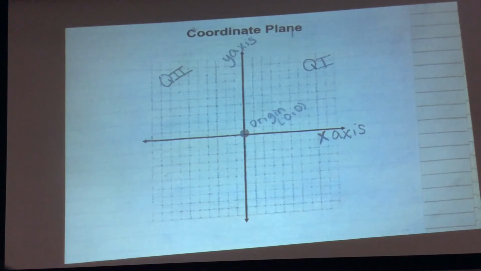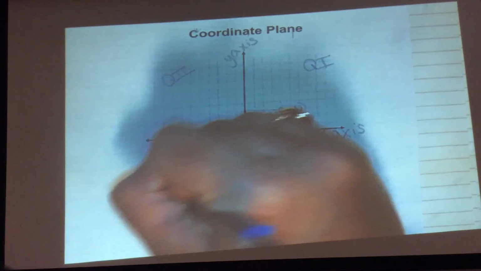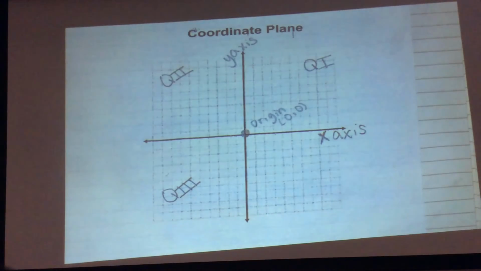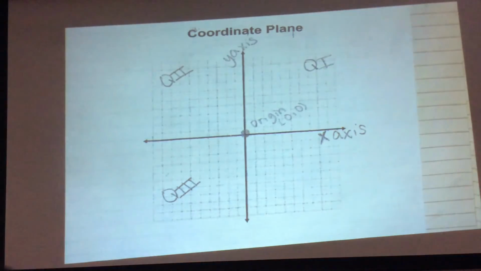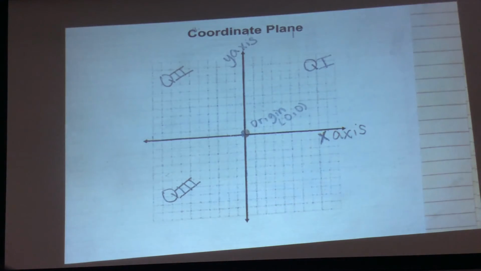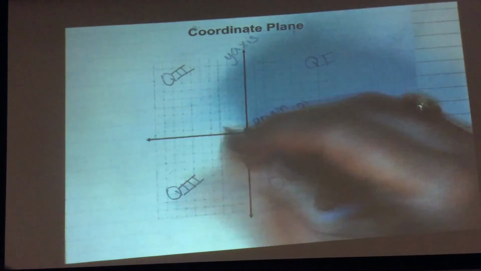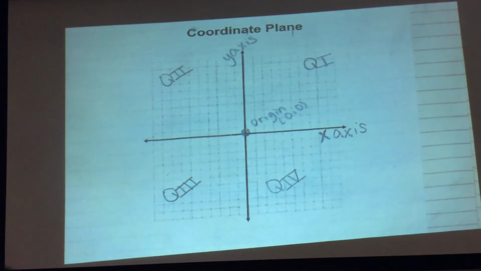That's how you'll see them. And then down below you have quadrant 3. In quadrant 3, both your x and your y are negative amounts. And then quadrant 4, your x is positive, your y is negative.